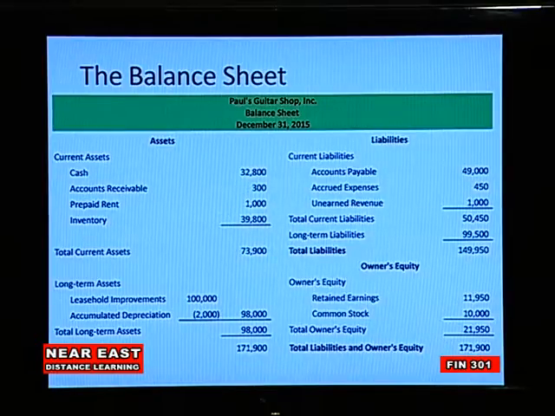Total assets equal total liabilities and owner equity. In this example, total assets was $1,071,900, while total liabilities and owner equity was $171,900.